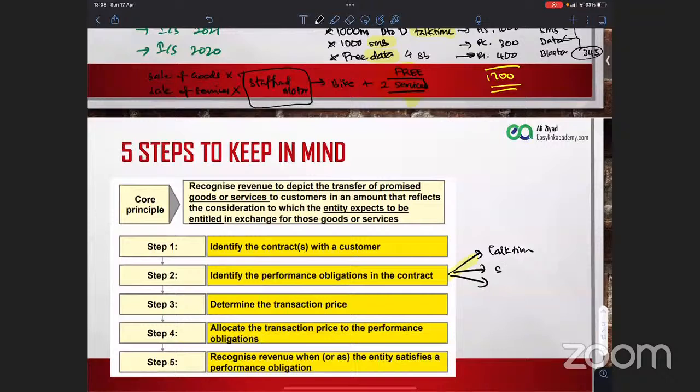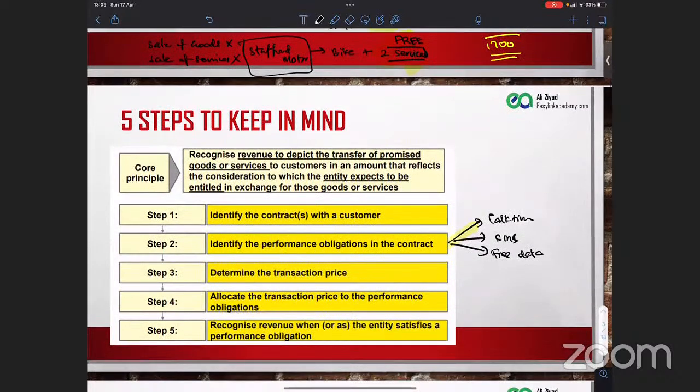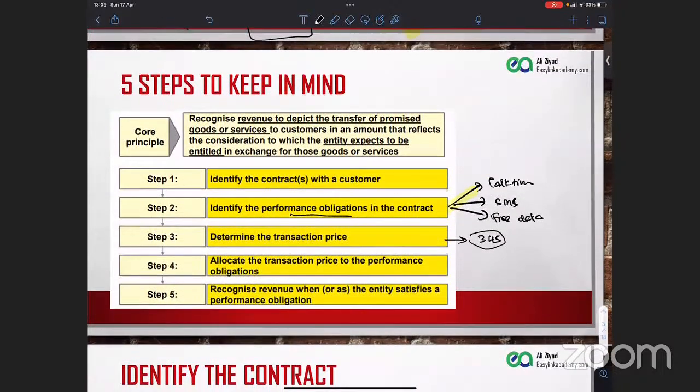So these are the 3 different performance obligations. Now the transaction price is 345. So we need to know how to allocate this 345 between the performance obligations. And then finally, as we satisfy them, the revenue will be recorded.